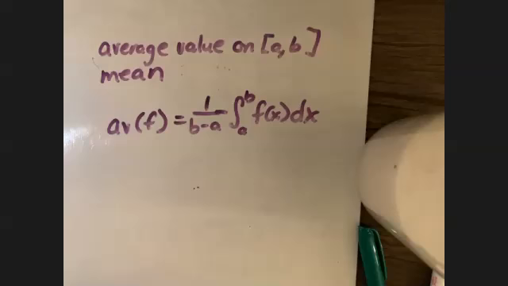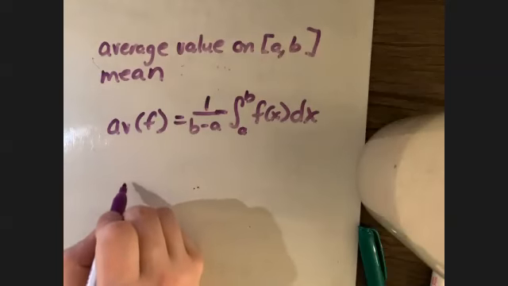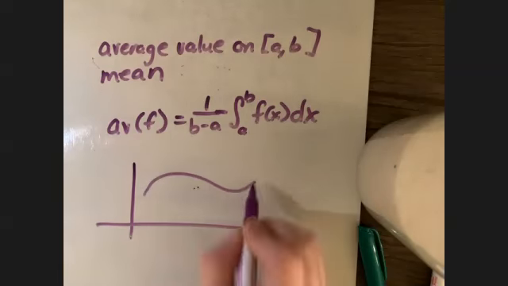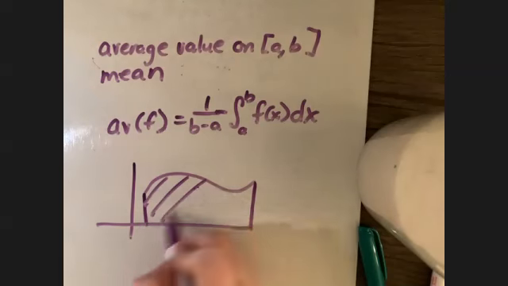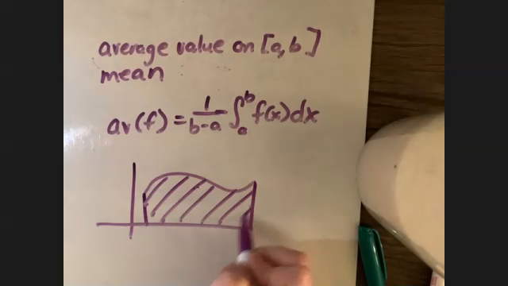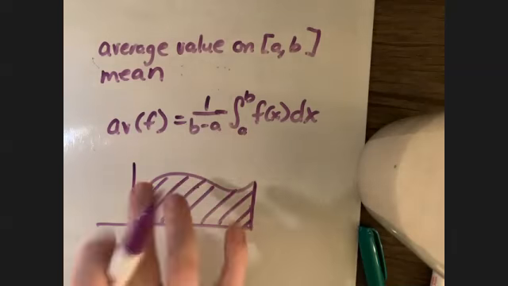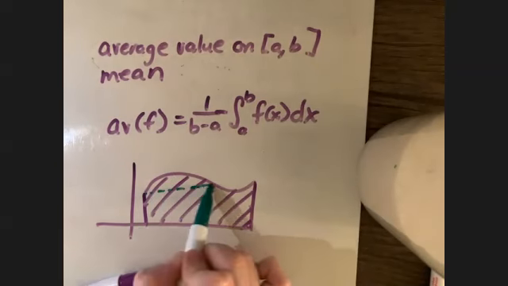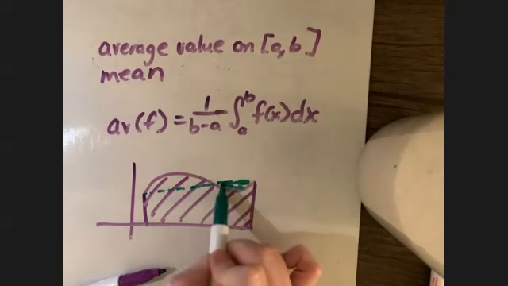Okay, so the concept here is if I have a shape, okay, and I figure out the area under here, whatever this is, okay, and then 1 over B minus A. Basically what we're doing is we're turning this into a rectangle, okay? The idea here is like we take like some of this, we chop some of this off, and then we use it to fill in over here, okay?